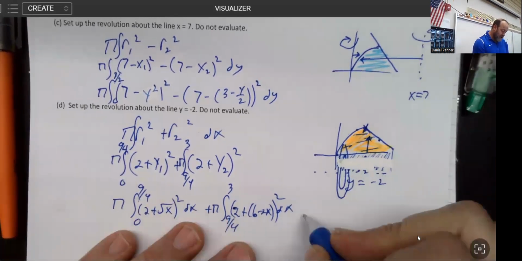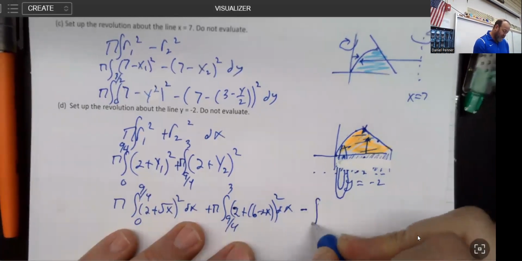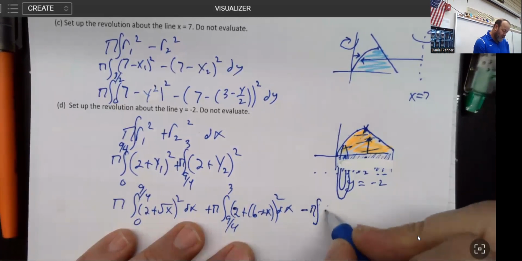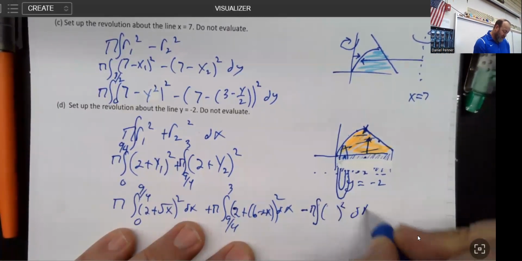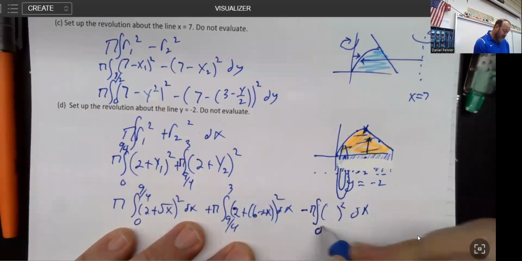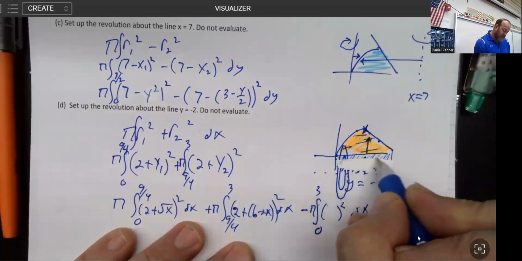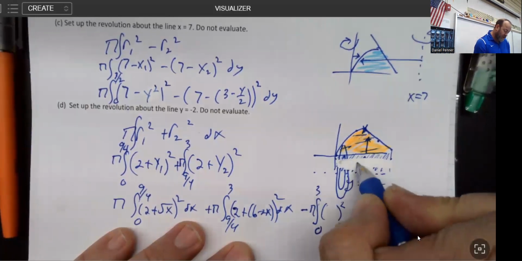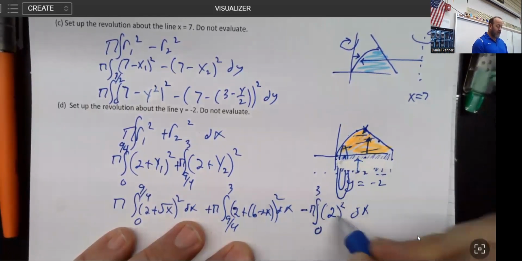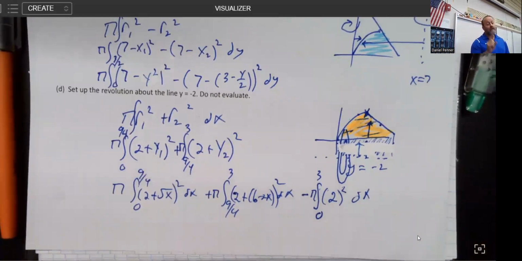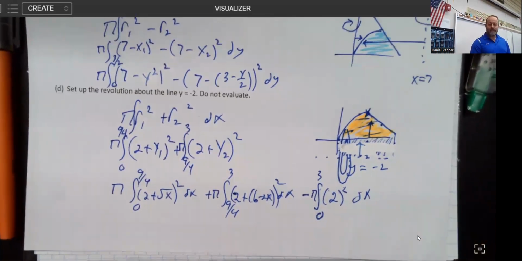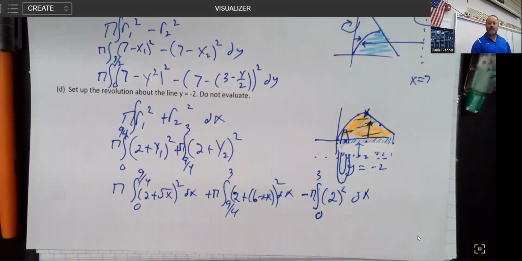So I need to take away the integral of pi r squared dx, again, from 0 up until 3, because all the way from here to here, from 0 to 3, my limiting factor is just a radius of 2. I almost missed it, but I figured it out before I left it.